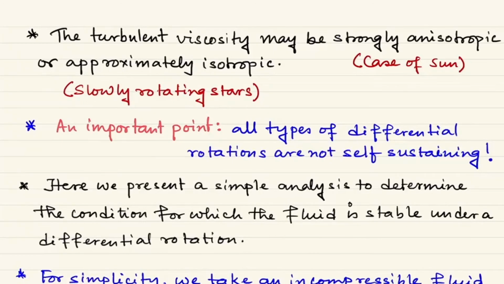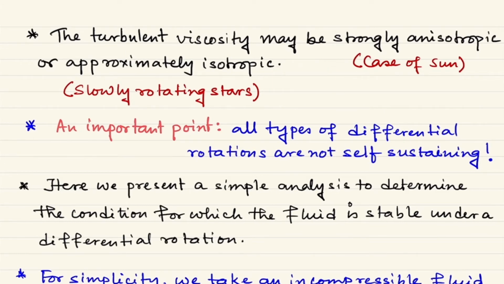Okay, and that is not the case for the slowly rotating stars, where the turbulent viscosity is approximately isotropic. That means if the turbulent viscosity is represented by some second rank tensor, then its off diagonal terms will be symmetric.